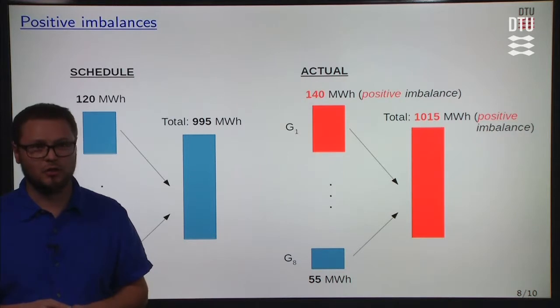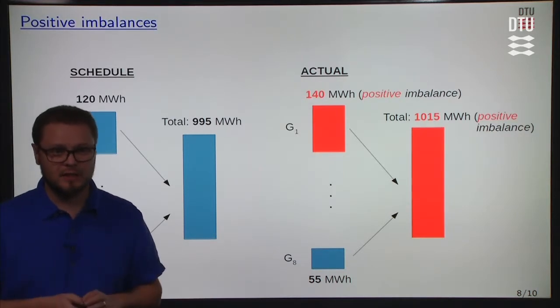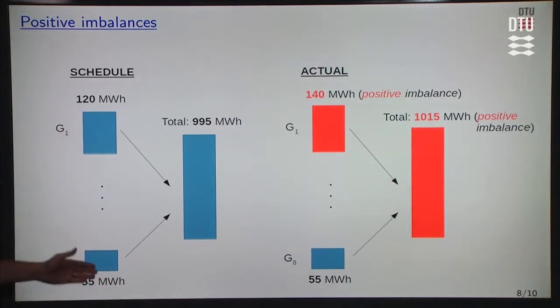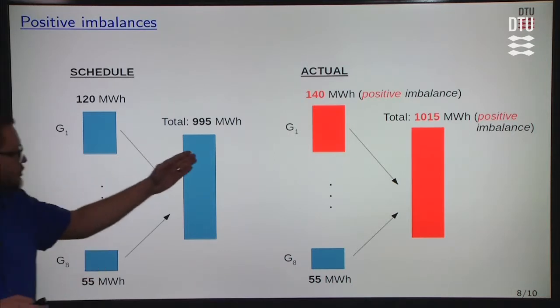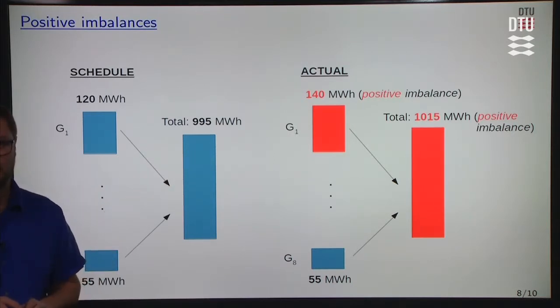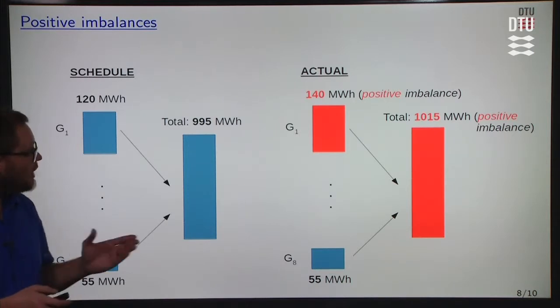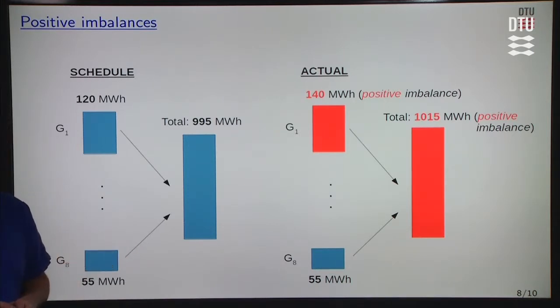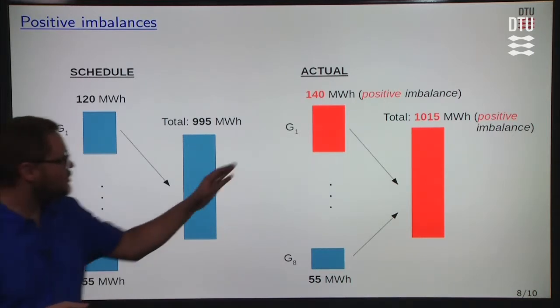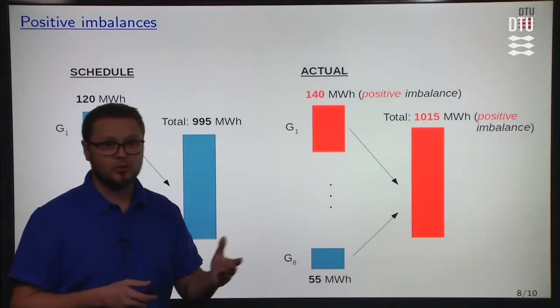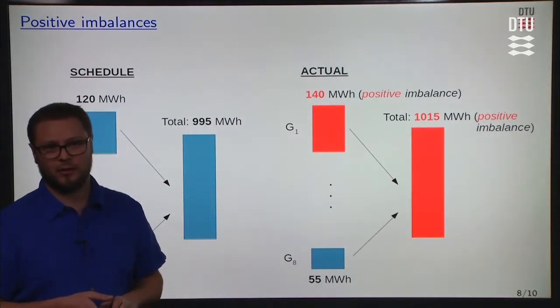Another situation on the positive side, we revisit this case where we had the original schedule, G1 to G8, for a total of 995 megawatt hours. Now, possibly due to a forecast error, G1 is actually producing 140 megawatt hours.